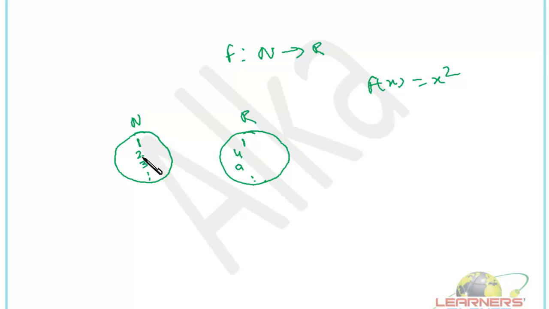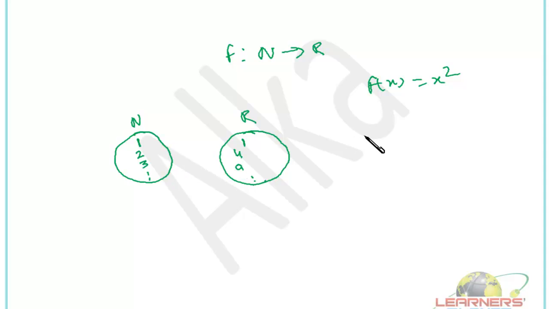Because 1 is mapped with 1, 2 is mapped with 4, 3 is mapped with 9. And every element of set N will have a unique image in set R, because 1 can be mapped with 1 only, 2 with 4 only, 3 with 9 only. That means it is a function, right?